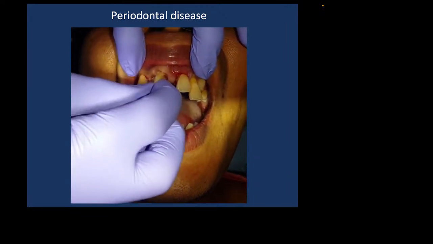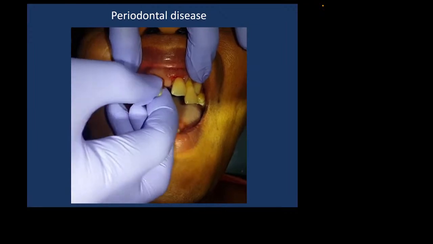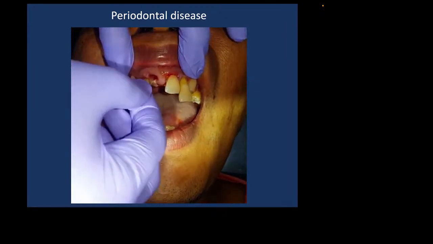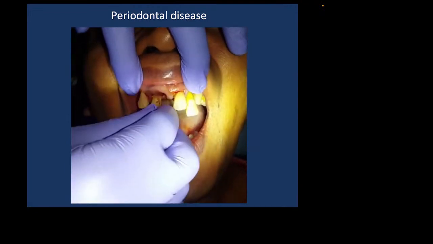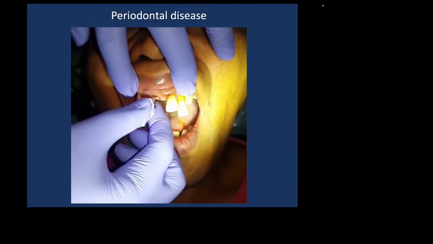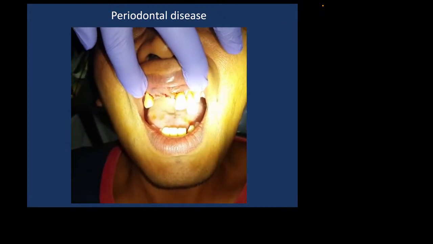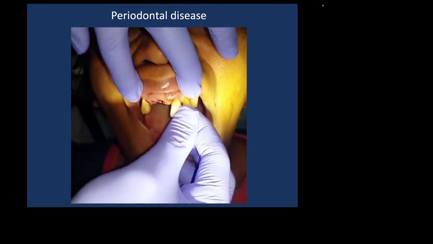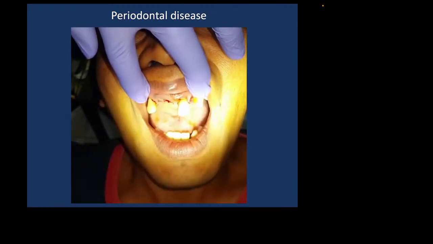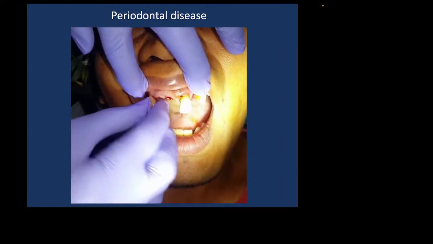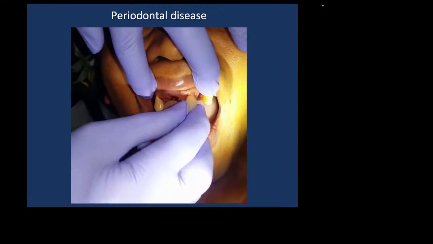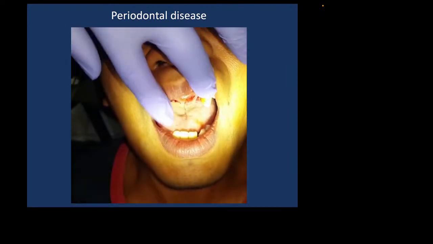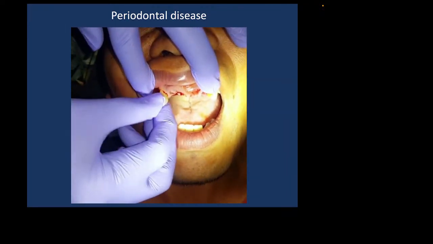This is a periodontal disease, and as you see, it is very easy to remove a tooth because there is no connective tissue at all. That is a hard disease, and it follows to the losing of almost all teeth.